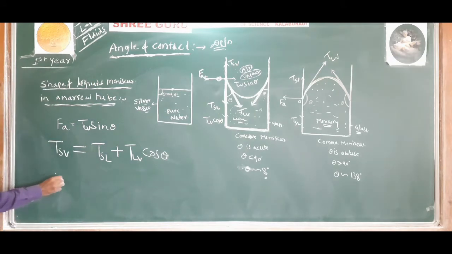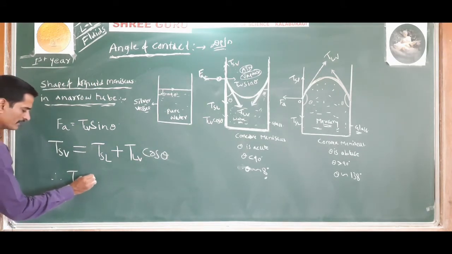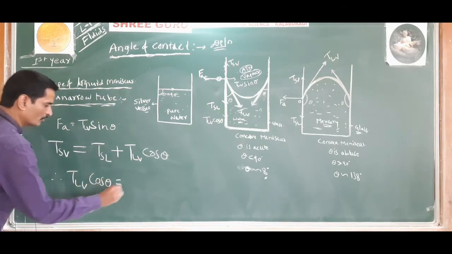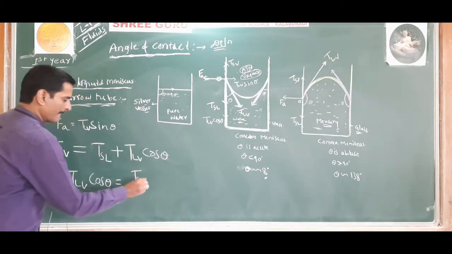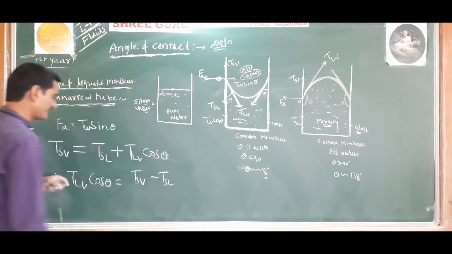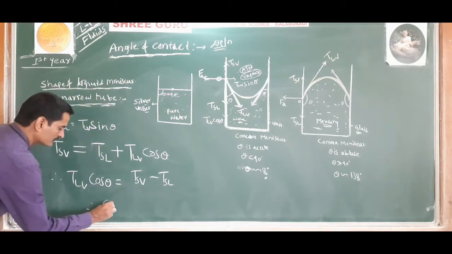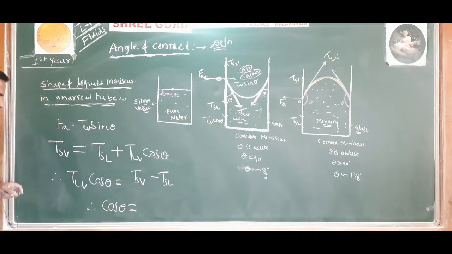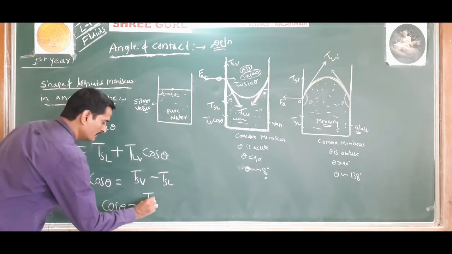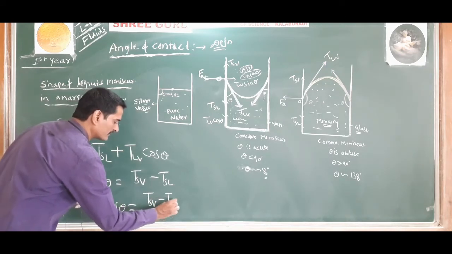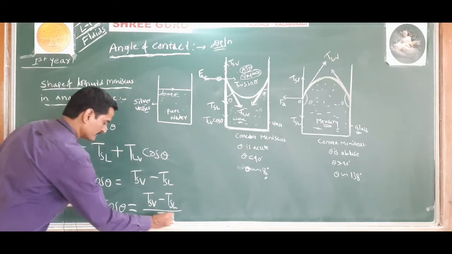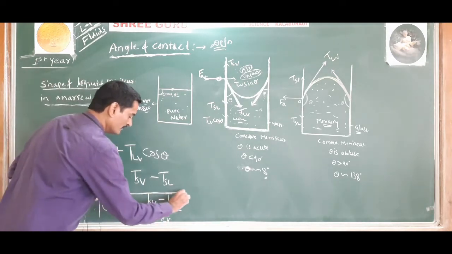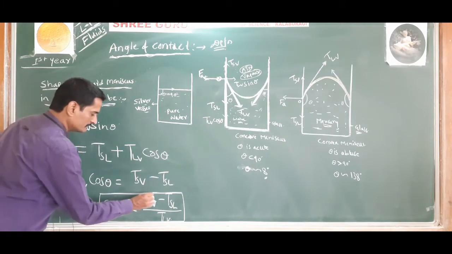So therefore we can write TLV cos theta is equal to TSV minus TSL. So therefore cos theta is equal to TSV minus TSL divided by TLV. So this is the formula to find the shape of the meniscus.